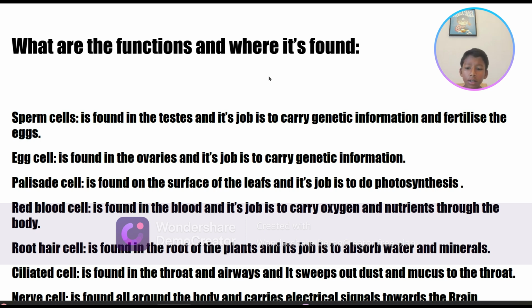Root hair cell is found in the roots of plants and its job is to absorb water and minerals. Ciliated cell is found in the throat and airways and its job is to sweep out dust and mucus to the throat. Nerve cell is found all around the body, as I said, and carries electrical signals towards the brain.